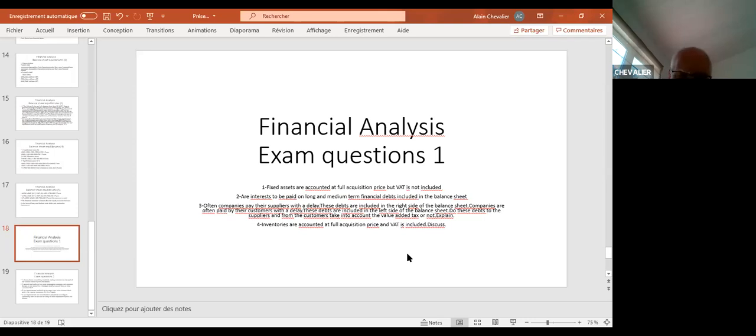Remember what I said yesterday on the presentation on the balance sheet. This is the only case in the accounting system where we find numbers including the VAT.